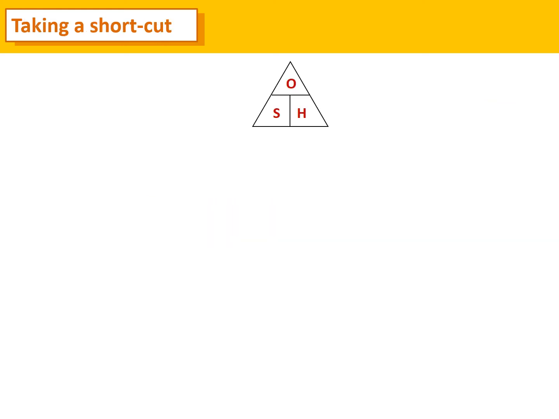Here is a method which is a little shortcut which you may find really useful. First of all, you have to set your triangle up appropriately. S stands for sine, O stands for opposite, and H stands for hypotenuse. But you must get the 3 letters in the right section of the triangle.